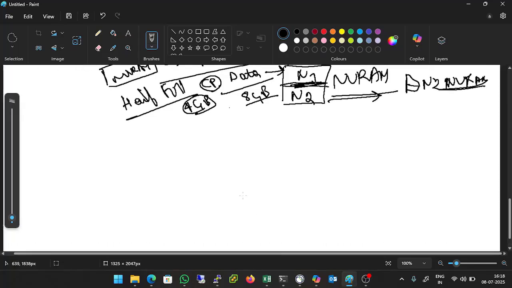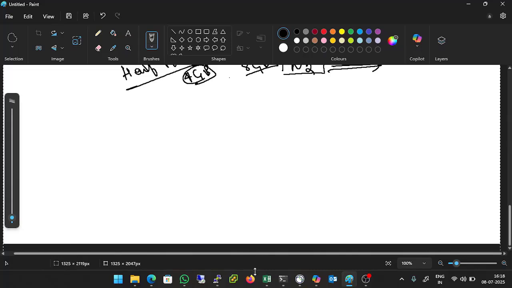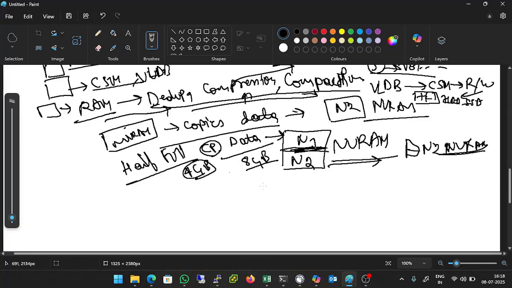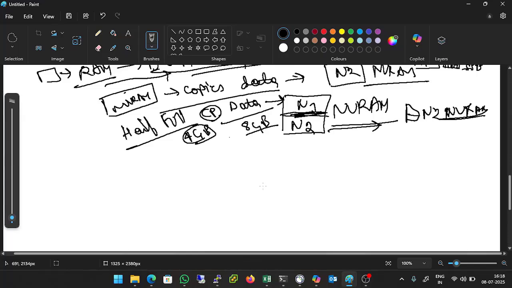I will also cover compaction, compression, and deduplication in detail. After the half-full operation, NVRAM does a CP, a consistency point.